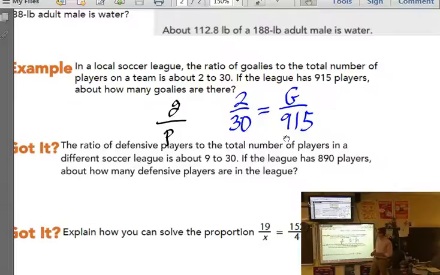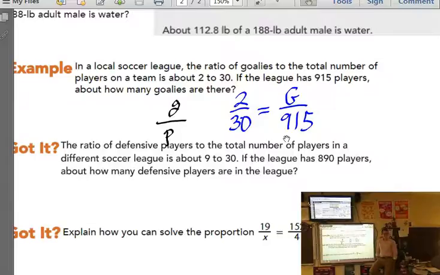So, who can walk me through this? With apprehension, I'll say, Dom, talk us through what you did. Okay, well, what I did was I put 2 over 30, which is there's 2 goalies for every 30 players.